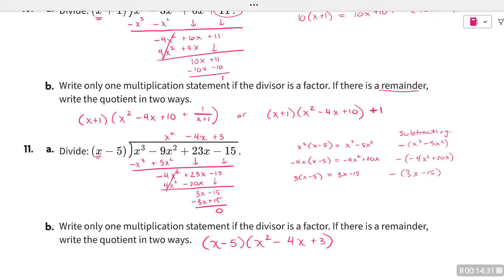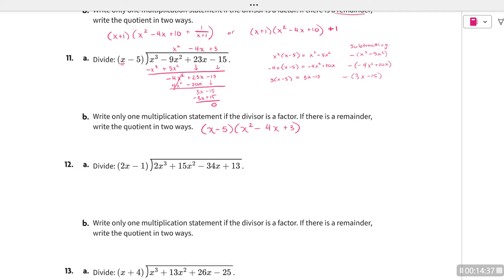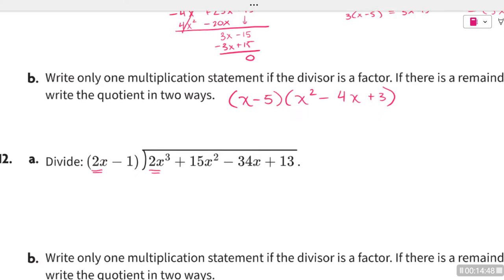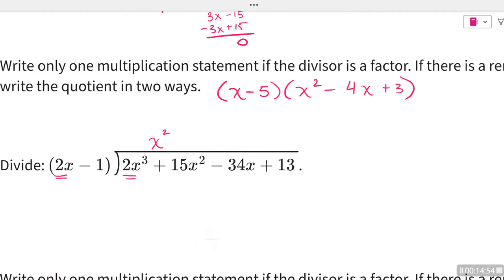And you can always multiply to check your work. It never is a bad idea to check by multiplication. Okay, question 12. So this time we have 2x as our leading term in there, and 2x cubed. So the 2's already match up. All we need to do is multiply by x squared here.